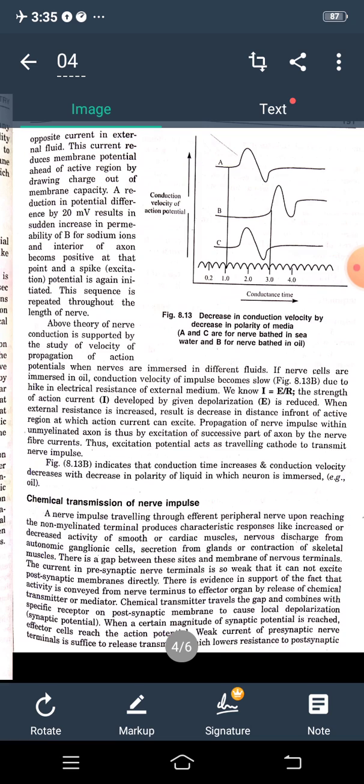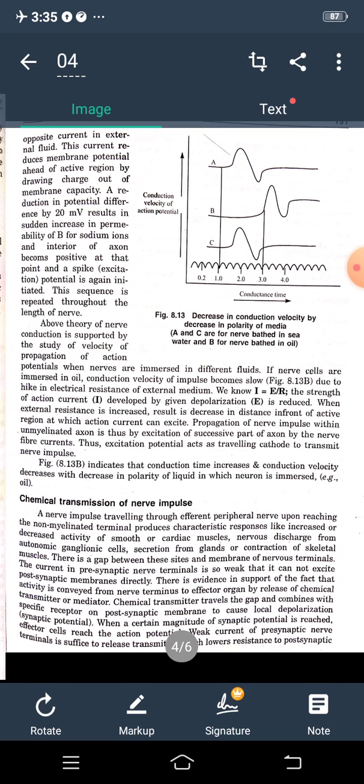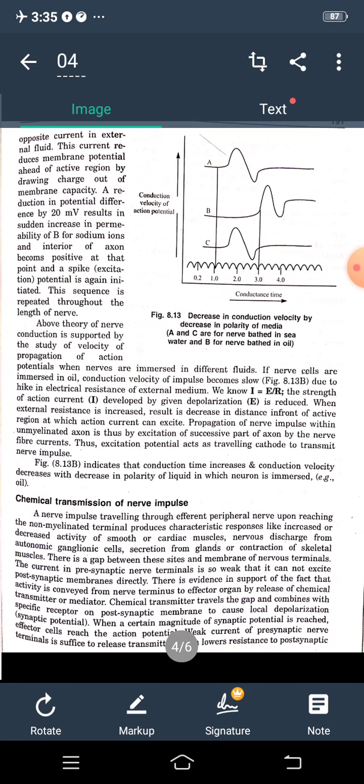The above theory of nerve conduction is supported by the study of velocity of propagation of action potentials when nerves are immersed in different fluids. If nerve cells are immersed in oil, conduction velocity of the impulse becomes slow, as shown in the figure. Due to the rise in electrical resistance of the external medium, we know current is equal to potential upon resistance, so the strength of action current I developed by the given depolarization E is reduced.